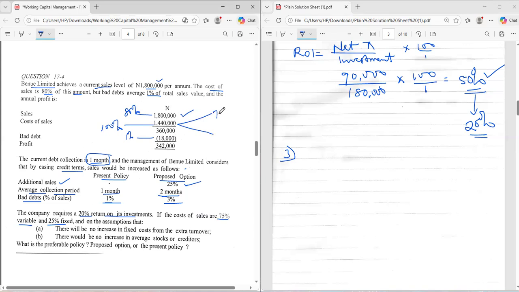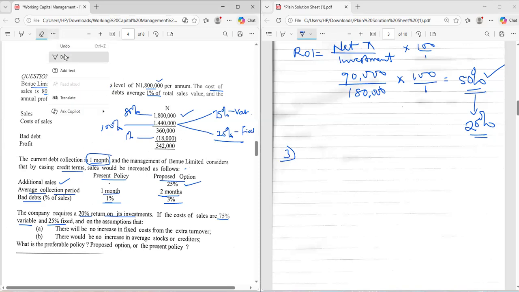So 75% of it will be variable. Then the remaining 25% will be fixed. So if you add both, you get 100%. Are we good now?